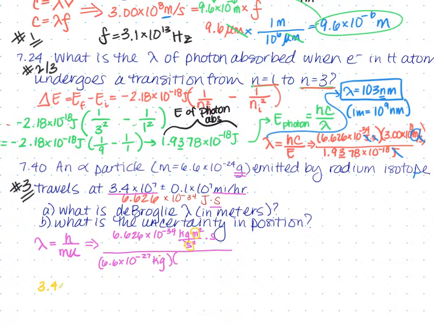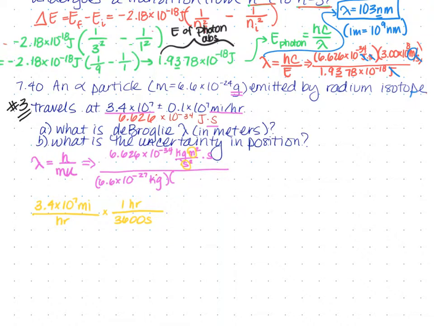3.4 times 10 to the 7th miles per hour, and we'll get into the uncertainty, this plus or minus, when we get into part B. I know for every 1 hour, there are 3,600 seconds, and for every 1 mile, there are 1609 meters.